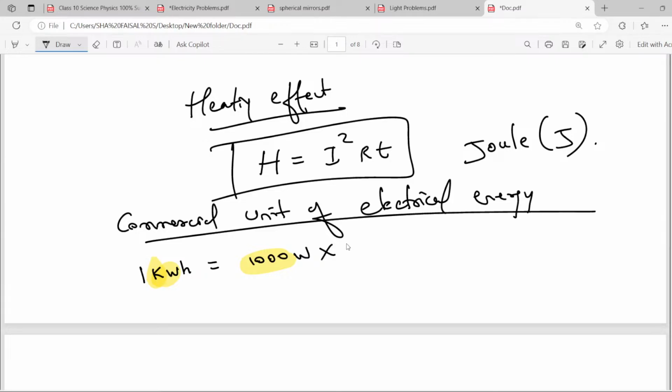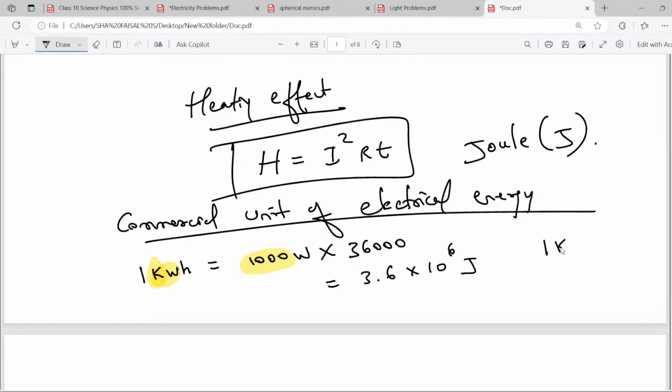That is hour into 60 minutes, again into 60 seconds. So 60 into 60 will become 3600. 1000 into 3600 you will get 3.6 into 10 to the power 6 joule.